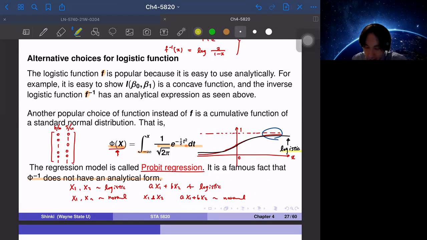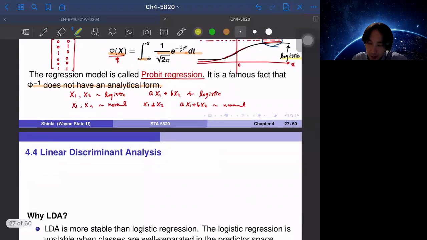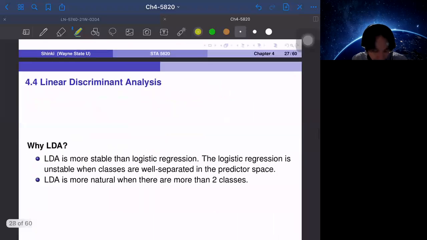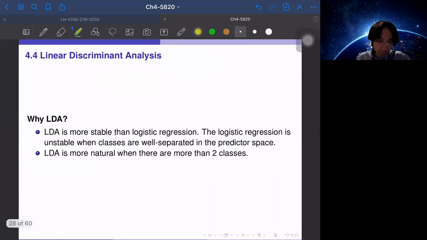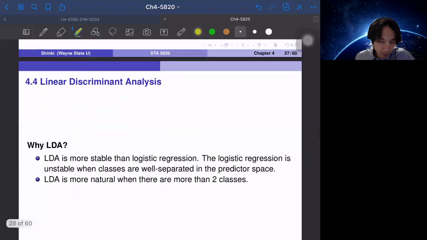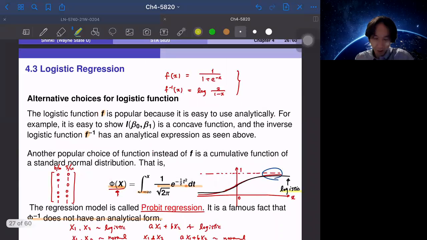Which is better? In general, we don't have any answer. It depends on the data. Logistic regression is often more robust and slightly less efficient. So those are some topics on logistic regression.